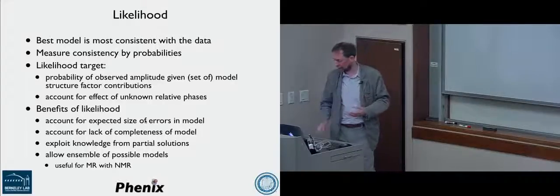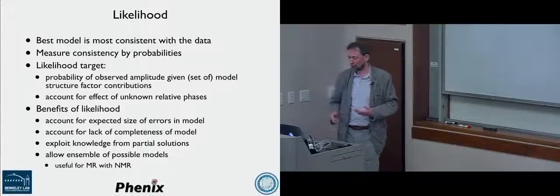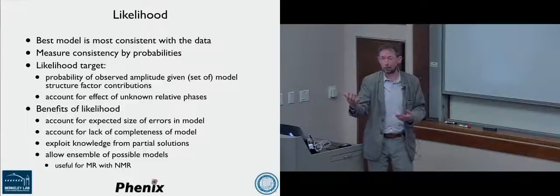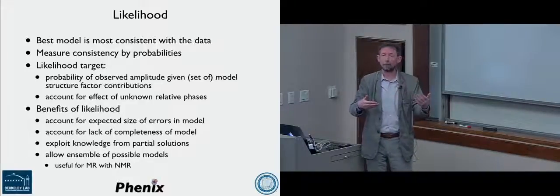We hope it's not right. We can take account of lack of completeness of the model, for example, which again was not really treated for in traditional molecular replacement. As I said this morning, we can take information from a partial solution, so we find the first molecule, and we can incorporate that into the likelihood function to help us find the second molecule.